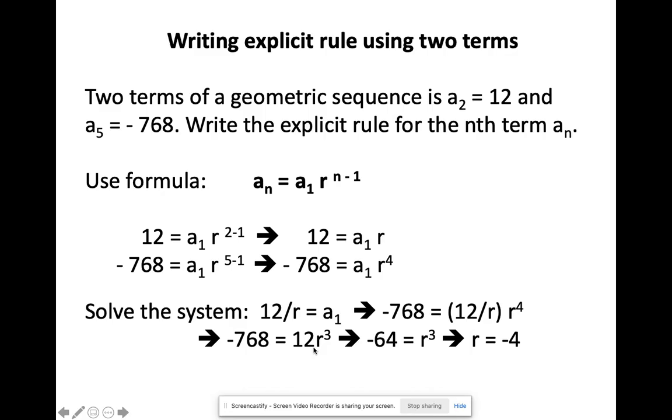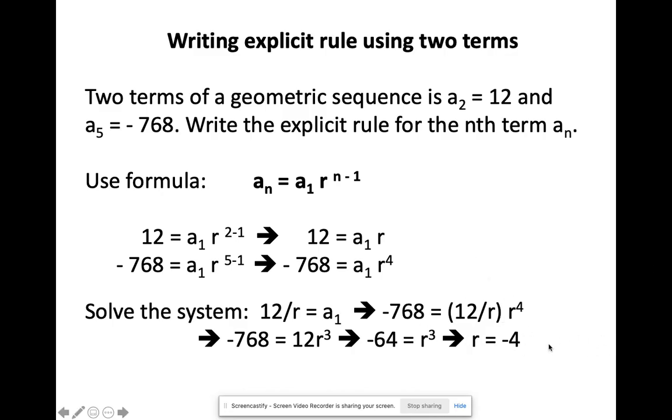Now since I'm solving for r, I need to divide both sides by 12. Negative 768 divided by 12 is negative 64. And negative 64 equals r to the 3rd power. If I get the cube root, r equals negative 4. So I have now my r equals negative 4.